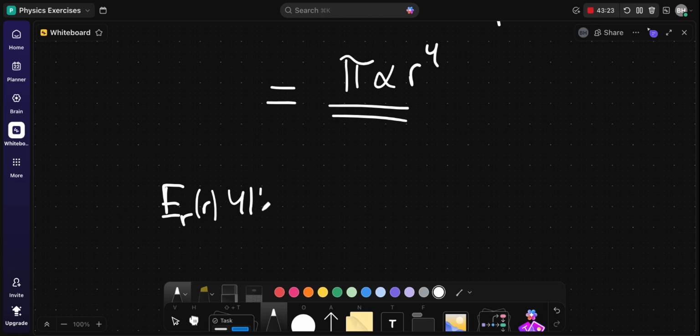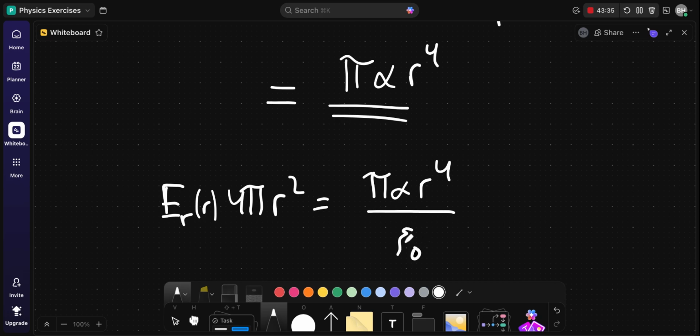Now we can put Gauss's law together. That's the left side, and on the right side we have the enclosed charge, pi alpha r to the fourth, divided by epsilon 0.